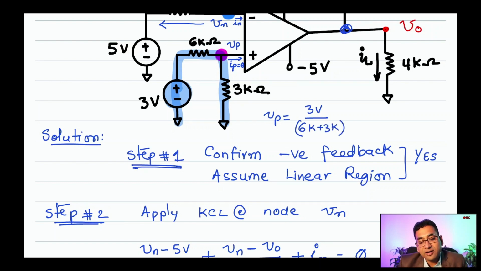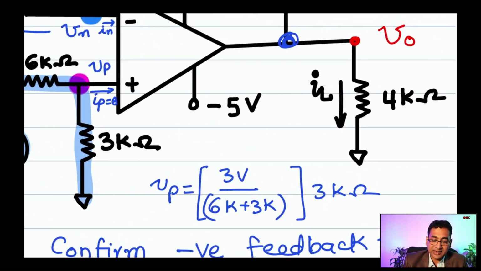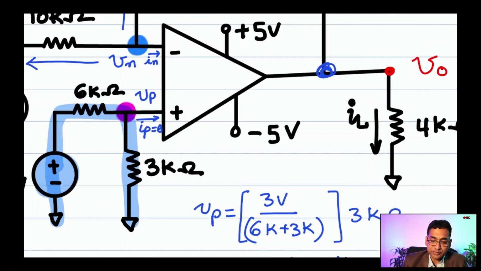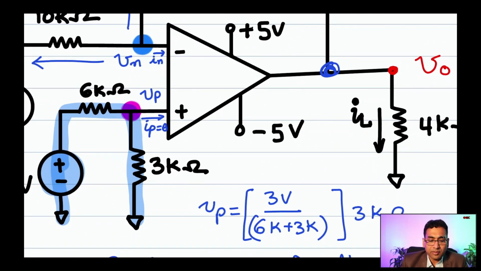That's the current flowing through that branch. Multiply that by 3 kilo ohms. Why is that the case? It's a voltage divider between 3K and 6K. So that's the value of Vp.